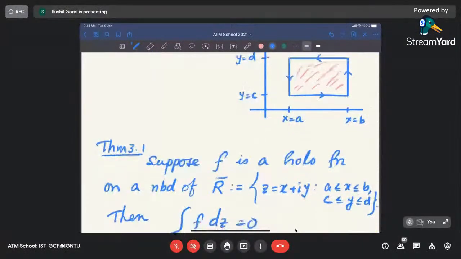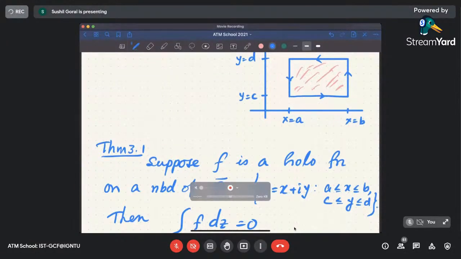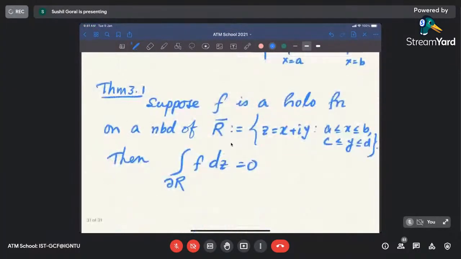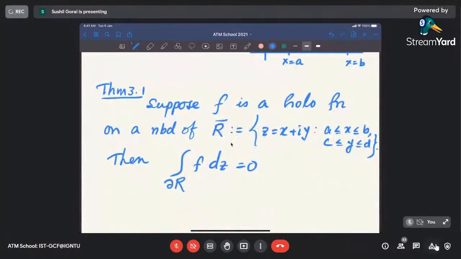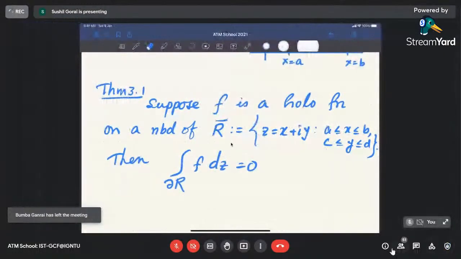So that's how you should get the direction. In this case, this rectangle is the curve, the boundary, and on this boundary the integral should be 0.